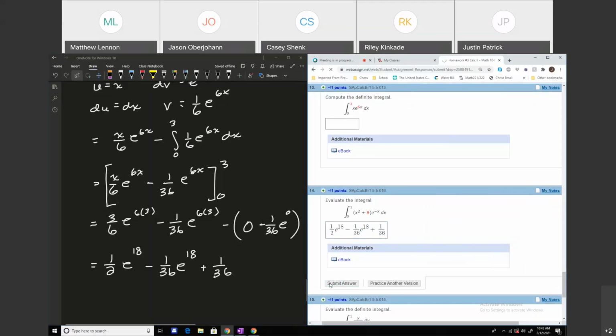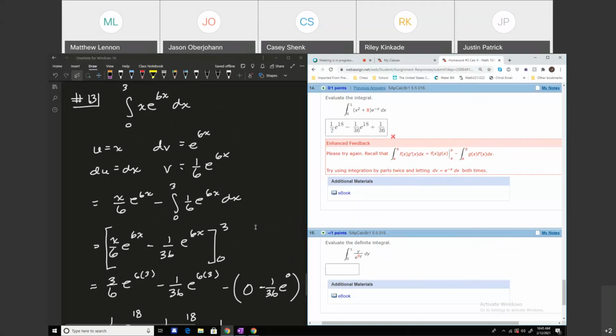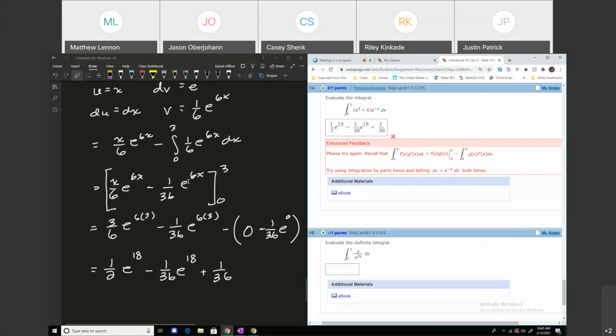See if it takes that. Please try again. Okay, so did I botch anything up? Probably did somewhere. So let's check the integration. So u is x, dv is this. du and dv both look correct to me. So I have uv minus the integral of v times du. That's good. Okay, 1 over 6 times 1 over 6, yeah.